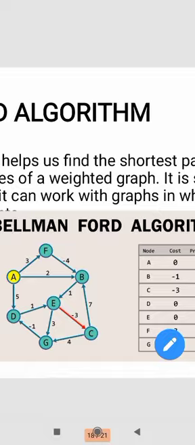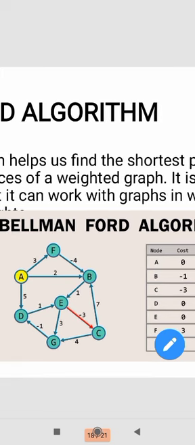Next, A to D, 0 plus 5, the value will be 5 for D. Next, for B, B to E. Now the value of B is 2, minus 4, that is minus 2. So minus 2 plus 1... the value of E will be now 3.